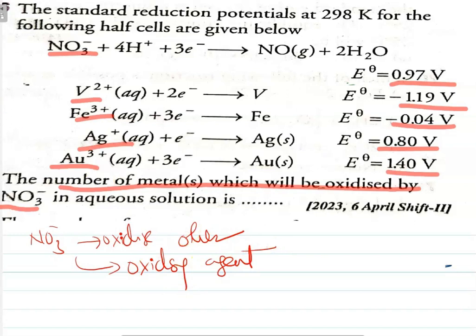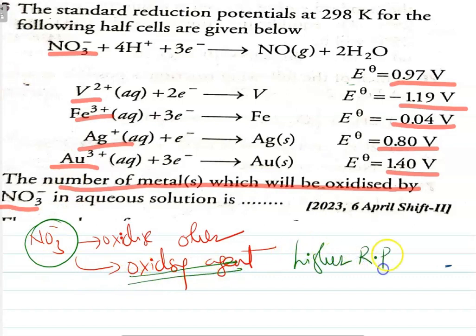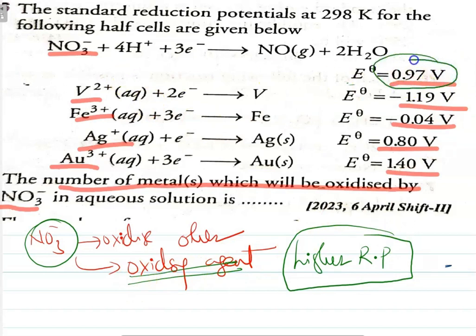Once I say a molecule should act as an oxidizing agent, it means it has a higher reduction potential. Our NO3 minus is given as 0.97, and whichever value is lower than 0.97 can be oxidized by NO3 minus.